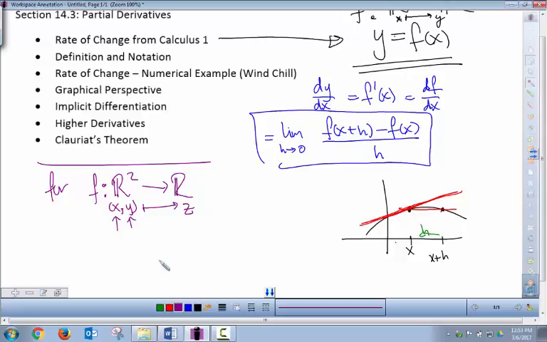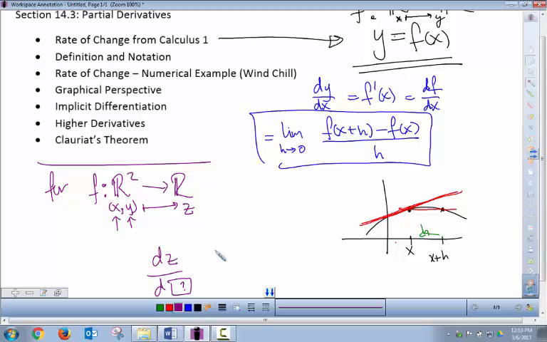And so when we want to take the derivative of z, we will have a choice of what variable to take it with respect to, because there's two variables. So if we take the derivative of something with respect to one of the variables, what do you think is going to happen to the other variable?